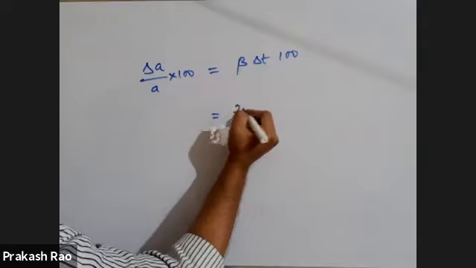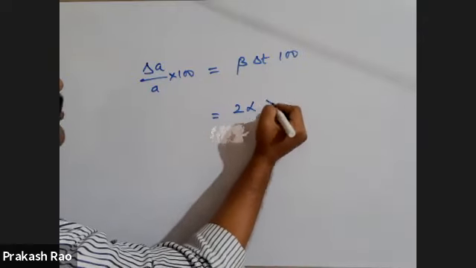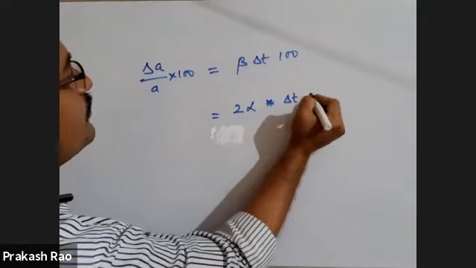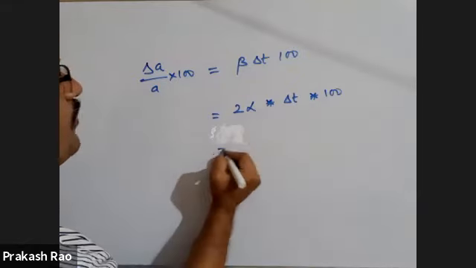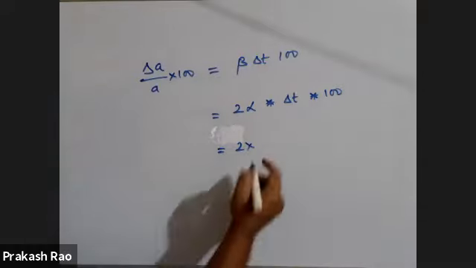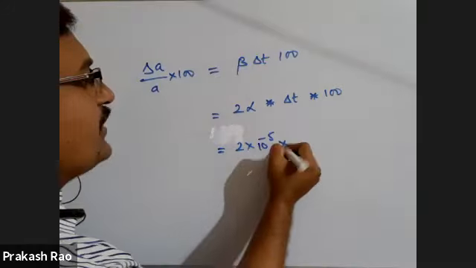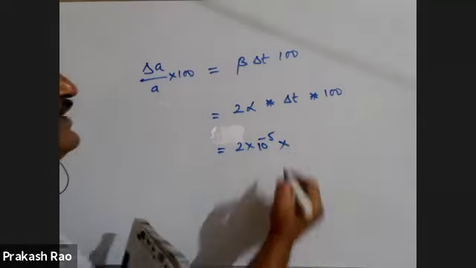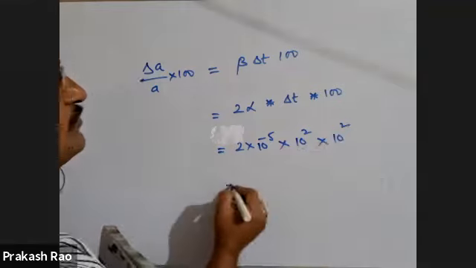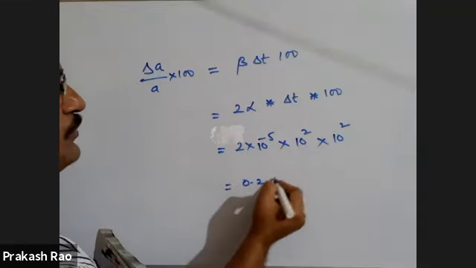But beta is not given, alpha is given. Beta is equal to 2 alpha. So 2 alpha into delta T into 100. What is alpha? In our problem, alpha is given 10 power minus 5. What is temperature difference? 100 degrees centigrade. And here also 100. This is equal to 0.2%.